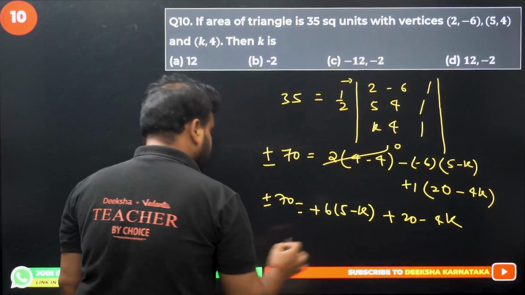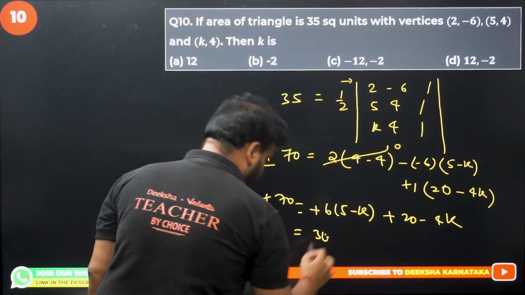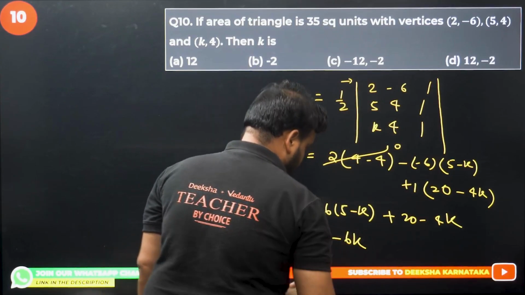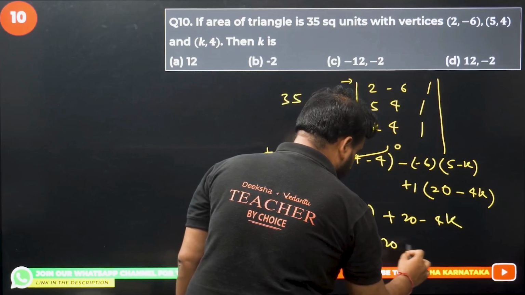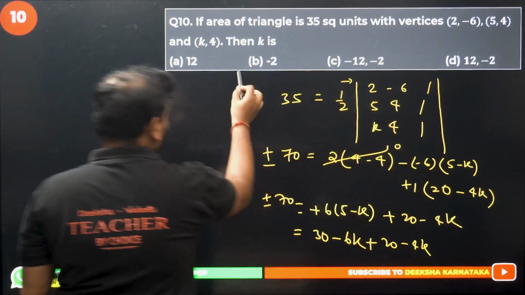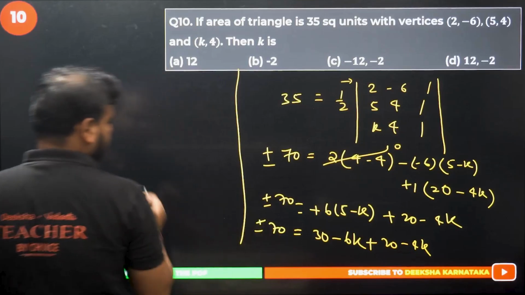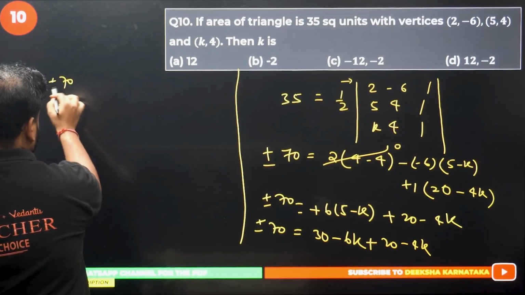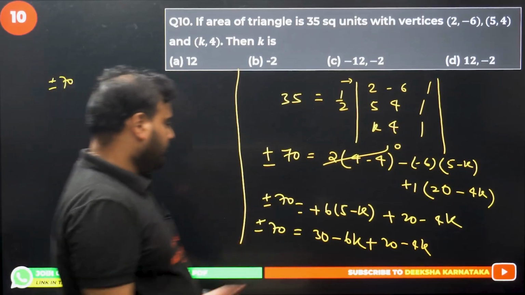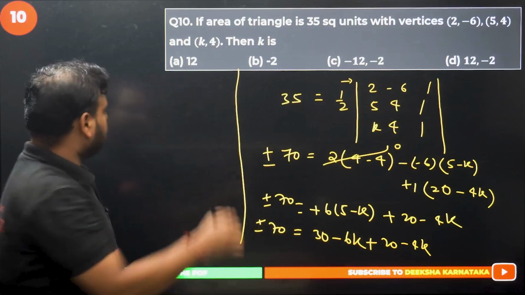Let's simplify this. 30, okay, plus 20 minus 4k. Let's continue. We have plus minus 70 over here. So we have 50 minus 10k. Okay.